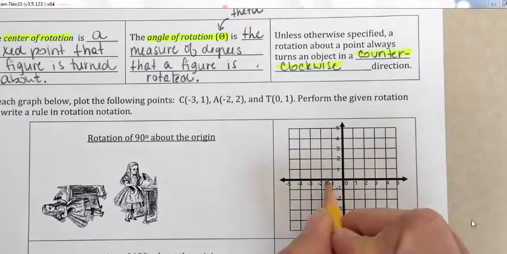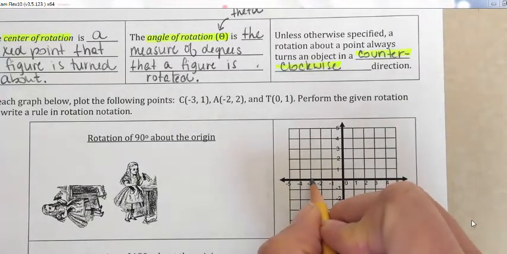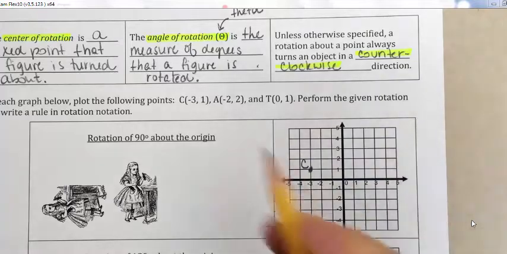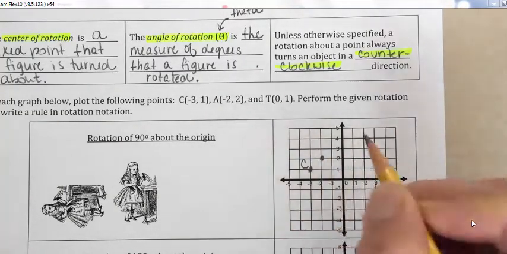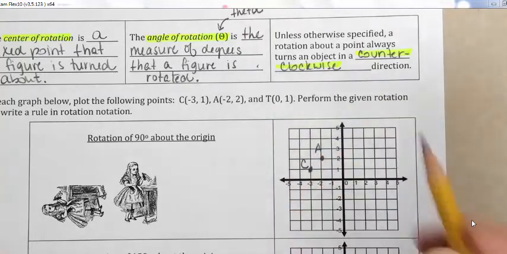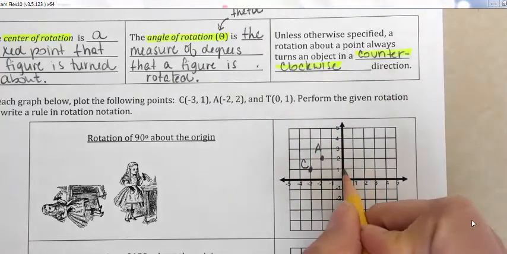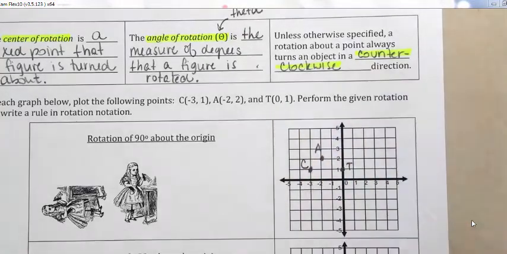So C is (-3, 1). A is (-2, 2). And T is (0, 1). And I'll use a couple of different colors here. So let's see. How about we'll do green and purple.